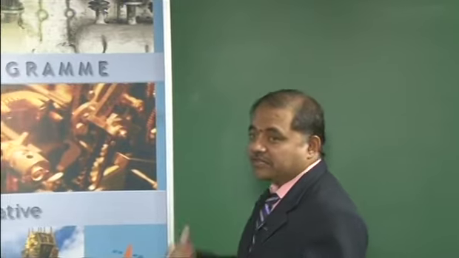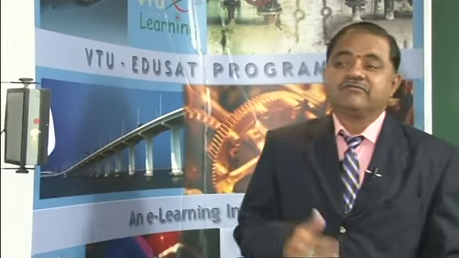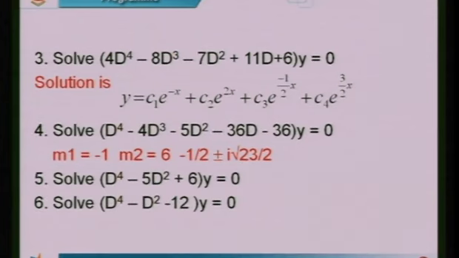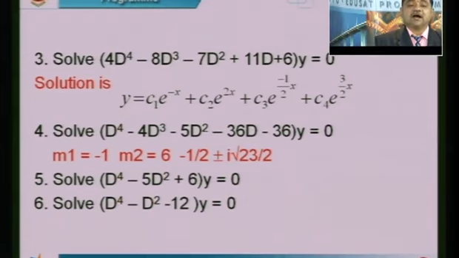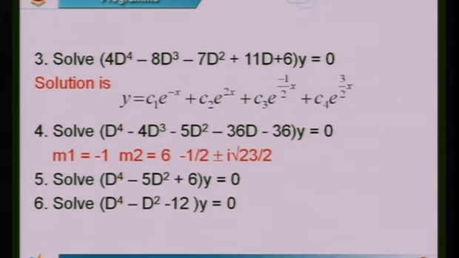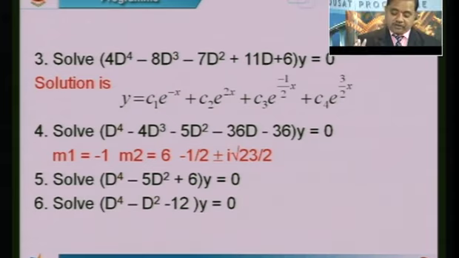So by using that we can find the complementary functions. Sometimes in the examinations, finding the complementary function itself will be a question for a full 6 or 7 marks. I hope you have understood well the complementary functions.